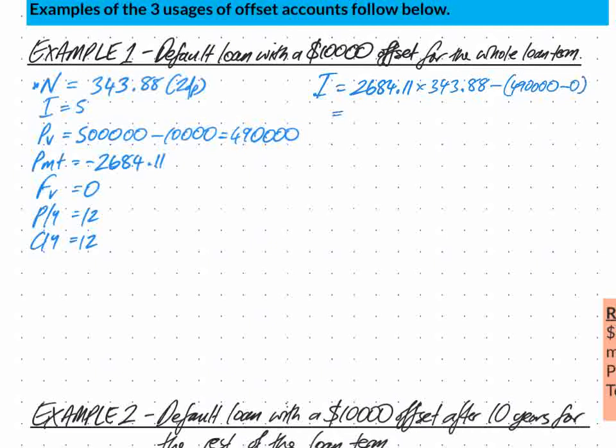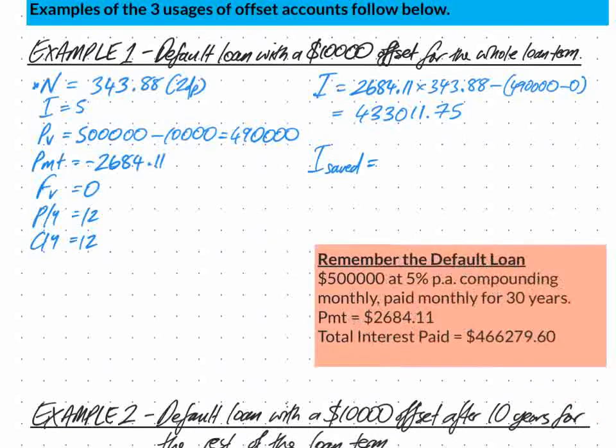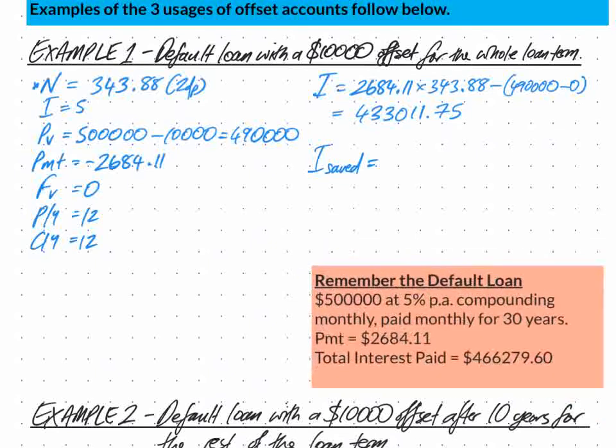So that is going to be 433,011.75. So the interest saved is going to be 466,279.